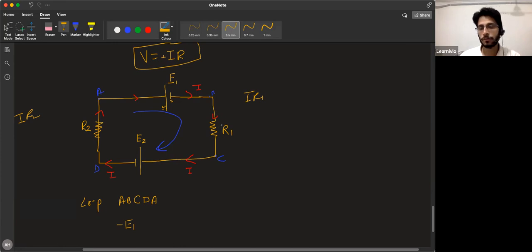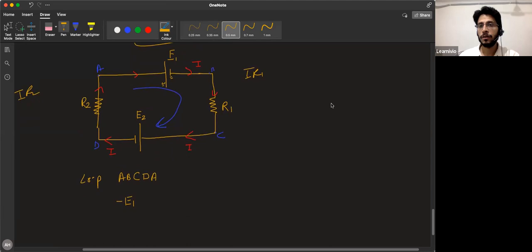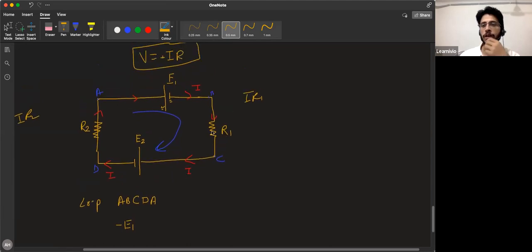Mohammad Saifullah, what is the voltage across R1?